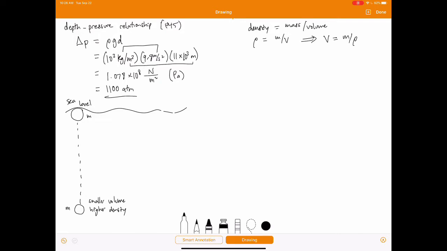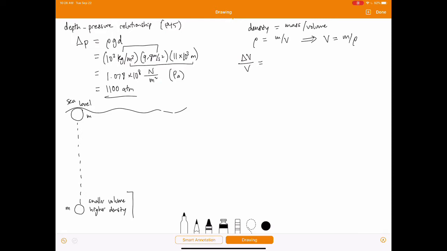So remember, in the bulk modulus formula, we have delta V divided by V. So what I want to do is figure out what is delta V divided by V for the water. So there's a change in volume again, smaller volume when you bring that mass of water to the bottom of the Marianas Trench.